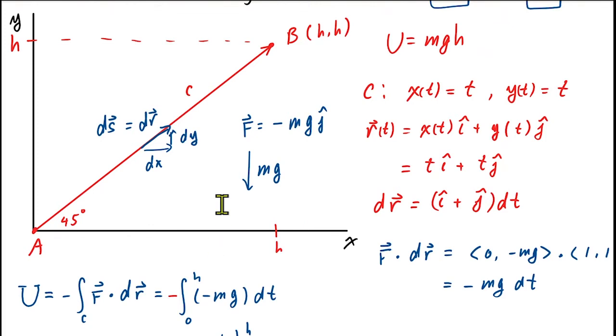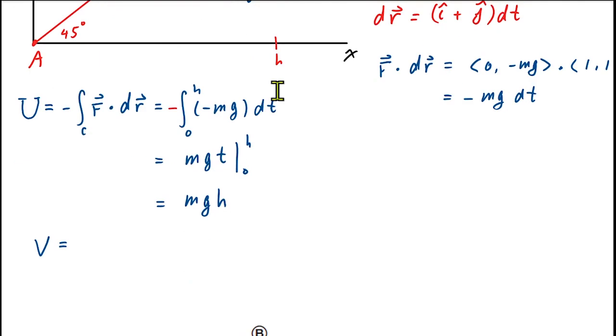In other words, the potential energy difference between here and here due to a unit mass. Get it? 1 kilogram. How much is that? That makes sense to you? Then from here, if you want to calculate potential energy, then you multiply by m.